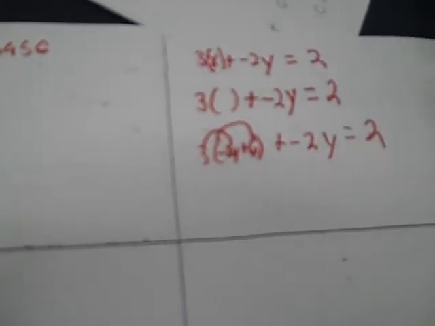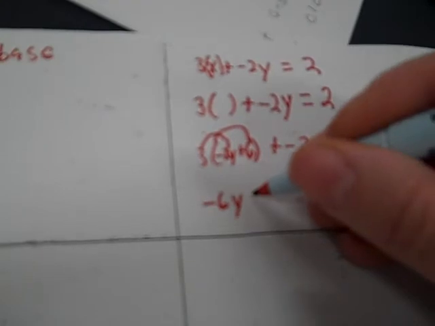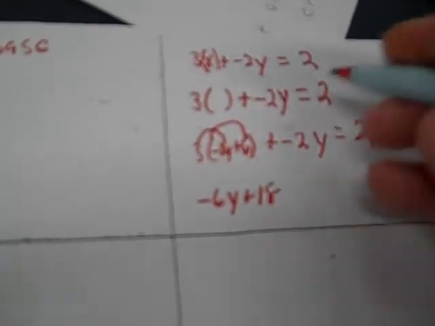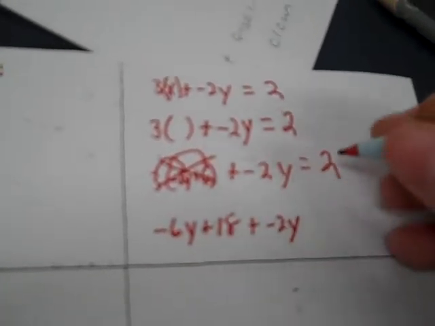So I need to use my rainbows. And I take 3 times negative 2. 3 times negative 2 is negative 6 with y. And then I take 3 times 6, which is 18. Okay, then I can cross that out, but before I write equals, I have to add negative 2y in there, and equals 2.